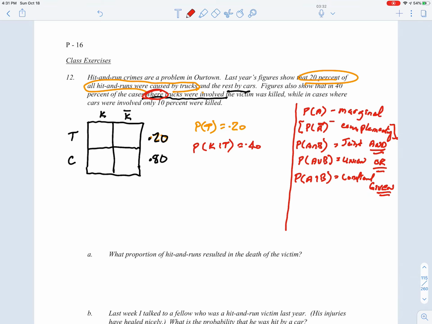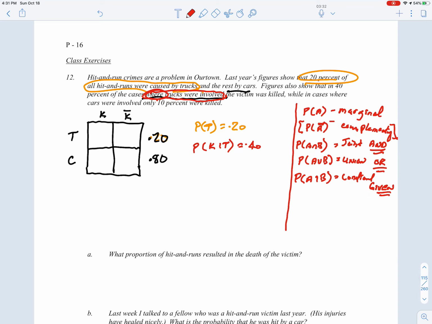Or of the males, or of those wearing white, or whatever. So the word "of," as a preposition here, is saying given. All right, so in this particular case, "where trucks were involved" is the subjective clause. So given that trucks were involved, we've got that 40% were killed.